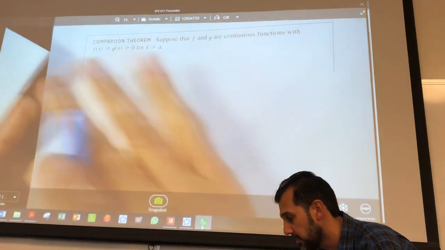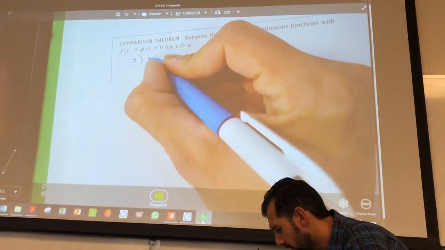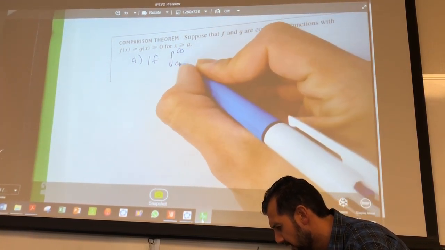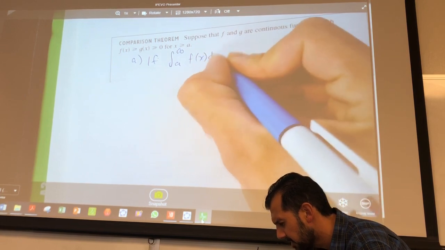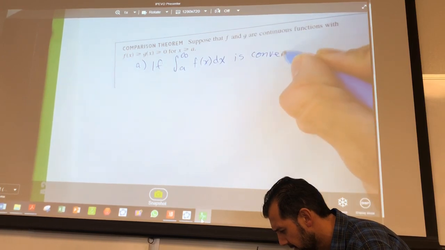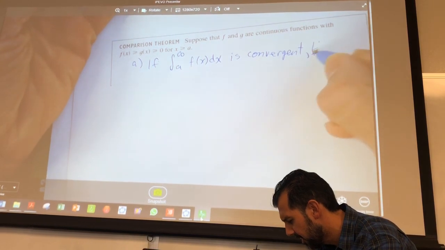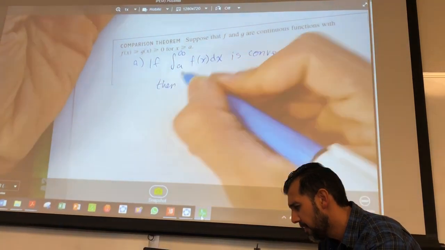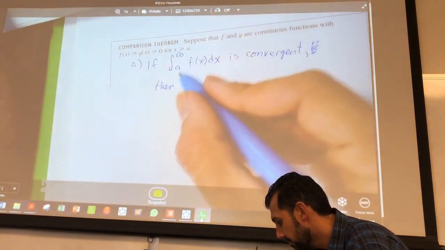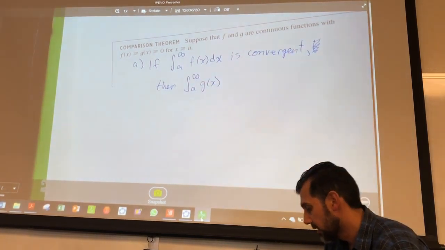So this is what we can say. Either one of two things is going to happen. We're going to say that if the integral from a to infinity of f of x dx is convergent, then we're going to compare that to the integral from a to infinity of g of x dx.